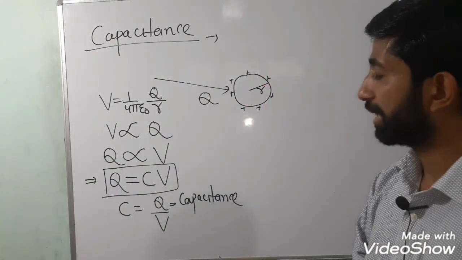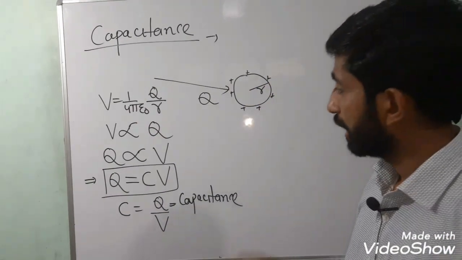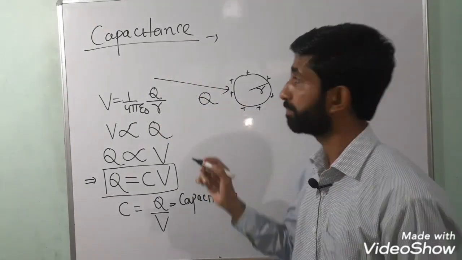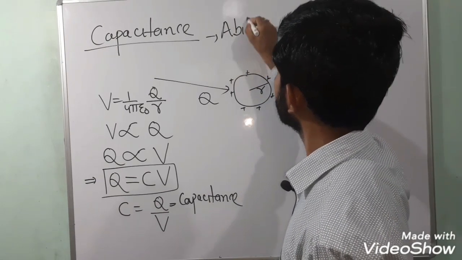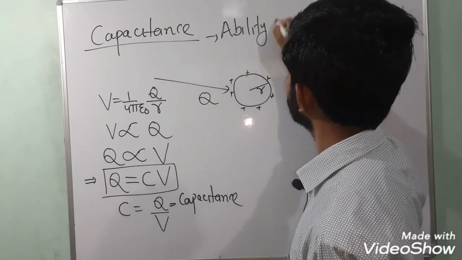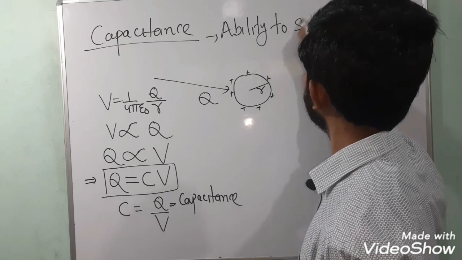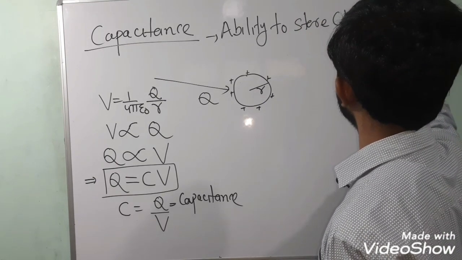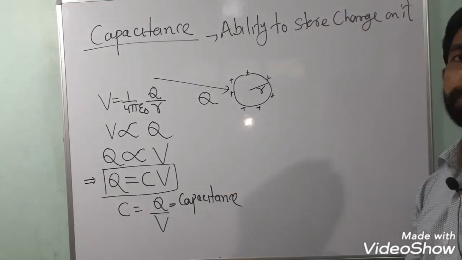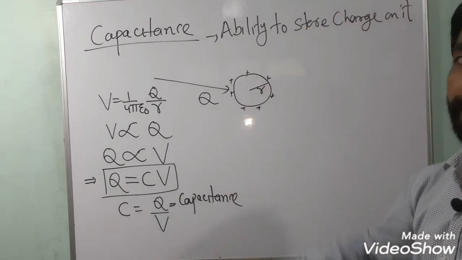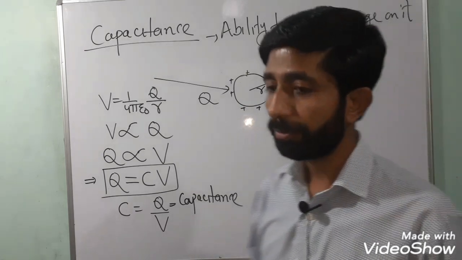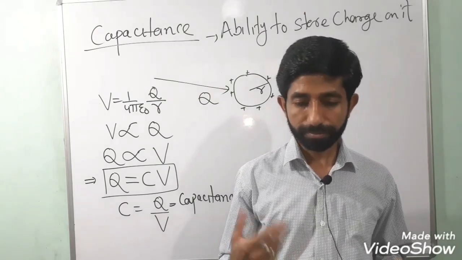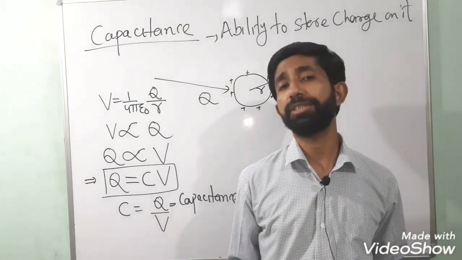What else can we understand about capacitance is that it is simply the ability of any conductor to store charge. Suppose you have a bottle of 1 liter, you cannot put more than 1 liter in that bottle because it has the capacity of 1 liter.